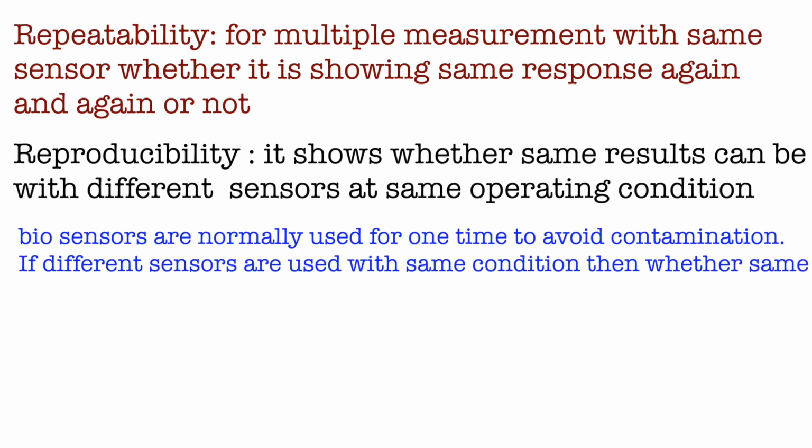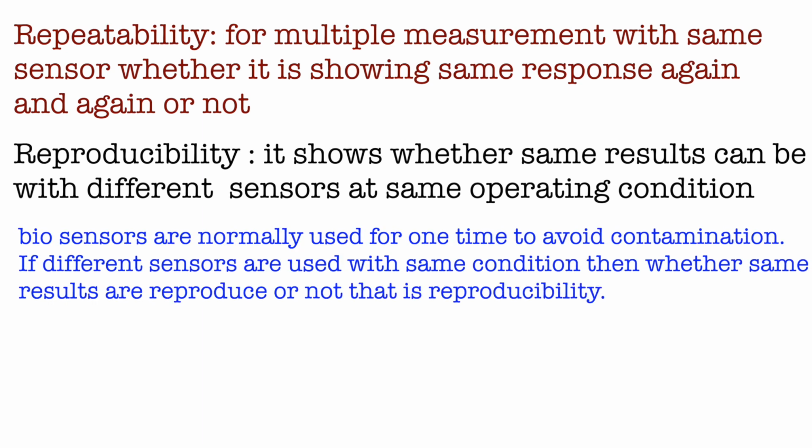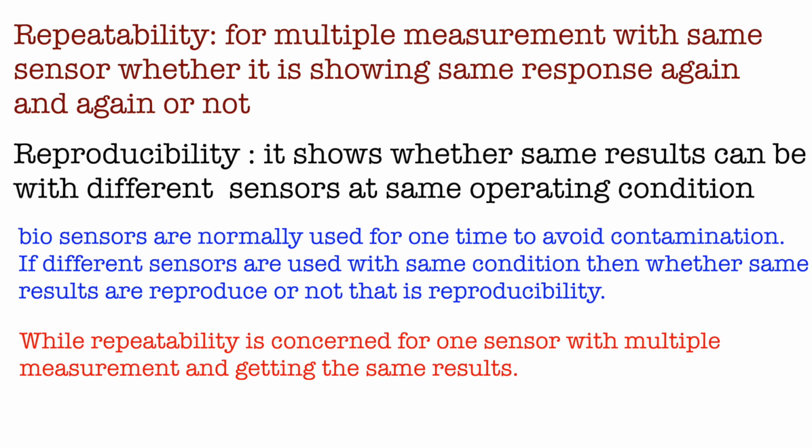Normally, biosensors are used only once to avoid contamination. So, if we use different sensors under the same operating condition, whether the same results are reproducible or not is called reproducibility. While repeatability is concerned with one sensor with multiple measurements giving the same results.